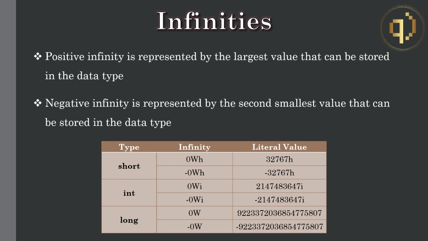And infinity for the long data type is represented by 0W, or you can have 0WJ, and is equal to the long value of 9,223,372,036,854,775,807. Note that the negative infinity values are the same with a minus sign prefixed to each value.